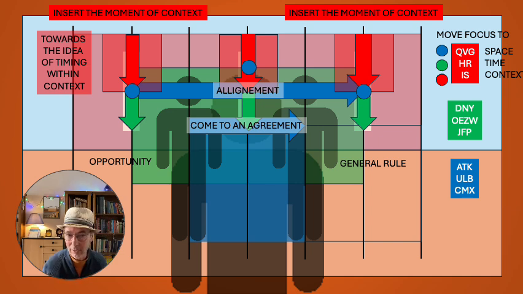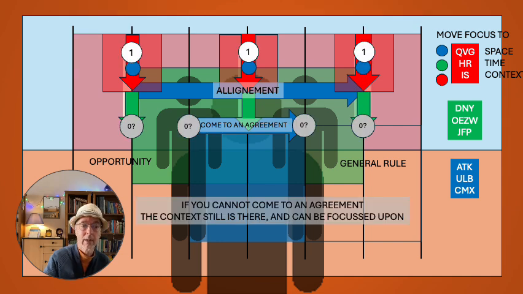So there is still effort to do before you can do that. You have an opportunity, but that doesn't mean that it will work immediately. If you cannot come to an agreement at this point with E, even when the context is there and you can still focus on it, it will still not work.